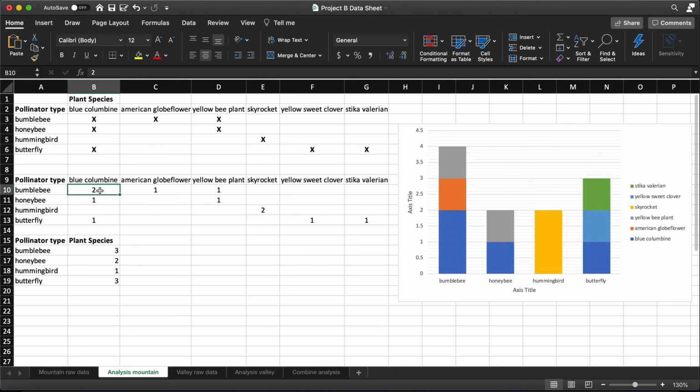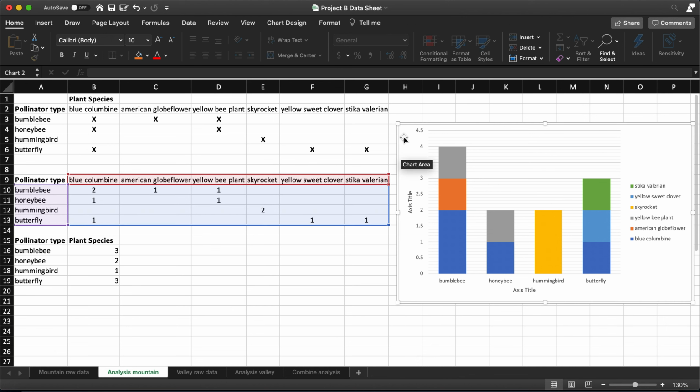Okay, how many hummingbirds did I see visiting the skyrocket? There were 2. So you have translated this table into this other table here, and because this one is numerical, you can analyze data here. So this graph here is based on this table here.